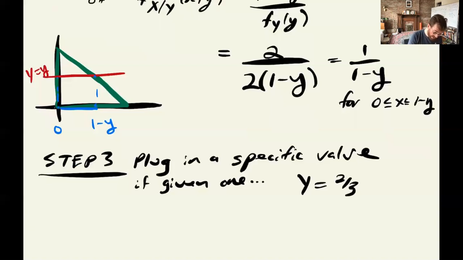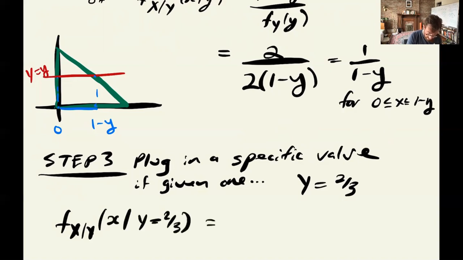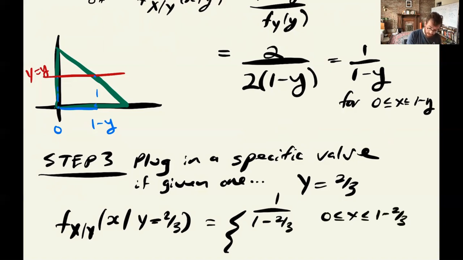We know that the conditional density of x given y, so this is the conditional density for x given that big Y equals 2/3, is going to be 1 over 1 minus 2/3 for x in this region, and 0 otherwise. 1 minus 2/3 ends up being a third, and of course, you can see that this ends up simplifying to 3.